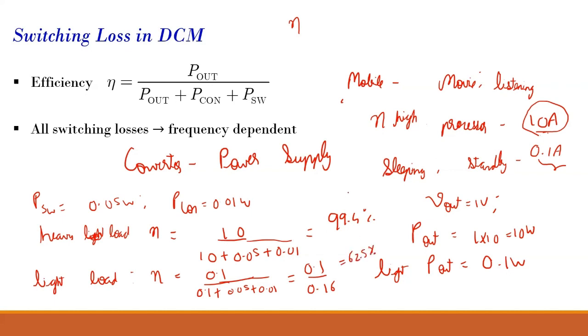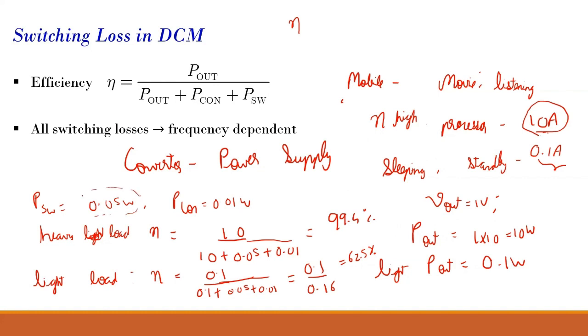So can you see the drastic reduction in the efficiency? Why has it happened? Because it is in light load condition, and that we do not want to happen. We want the efficiency to be high throughout, at light load, high load, etc. What actually is dominating is your switching loss.